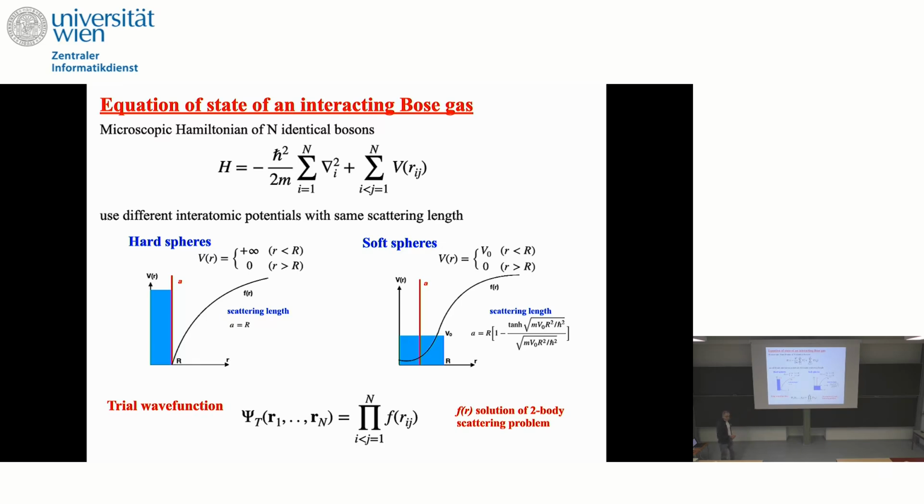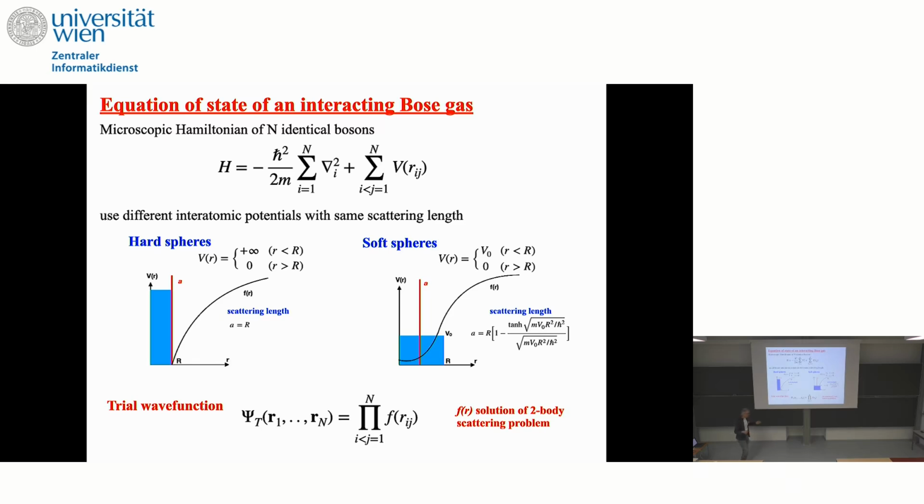And for example, as I said, since the system is dilute, a good choice for your trial function is a Jastrow type of wave function, where this f is the solution of the two-body problem. Because in this way, you automatically include the effects of your short-range potential. Okay?